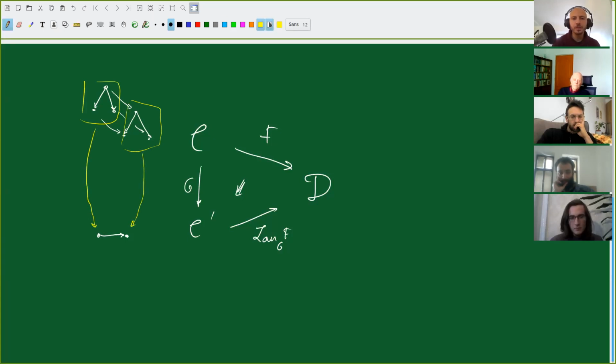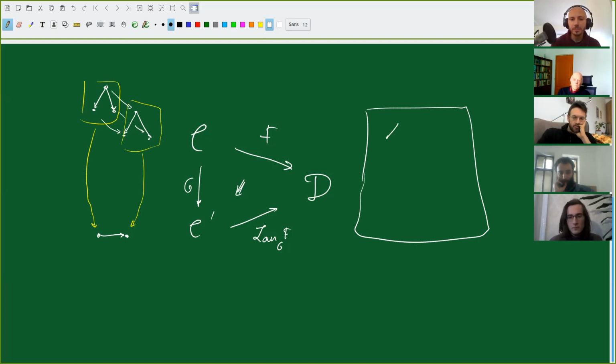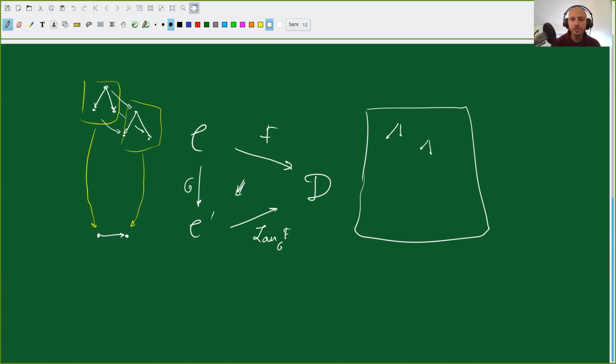Now, if we look at their images in D, a priori, the image of F will look kind of the same. The image of the Kan extension will also look kind of the same. And the natural transformation is going to have some arrows this way.